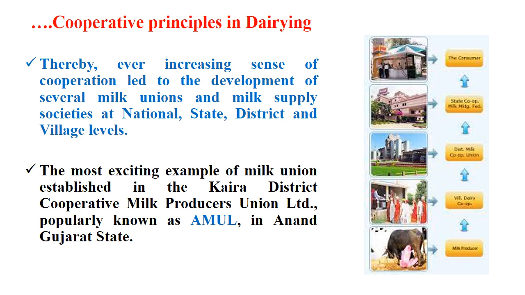The most exciting example of a milk union was established in the Kaira District Cooperative Milk Producers Union, popularly known by the brand Amul, in Anand, Gujarat. This is the most successful cooperative society in India, and later this pattern was multiplied throughout India under Operation Flood, which I have discussed in detail in my previous lecture about dairy development in India.